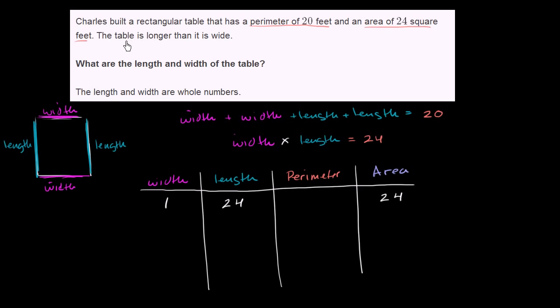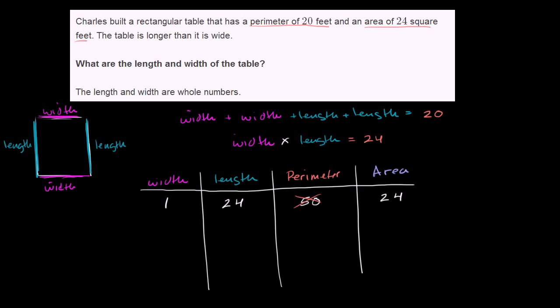And they tell us that the table is longer than it is wide, so we want the larger number under length. But what is 1 plus 1 plus 24 plus 24? Well, that's going to be 2 plus 48, which is 50. So this doesn't meet our condition that the perimeter is 20. So let's cross that out. This one right over here does not work out.